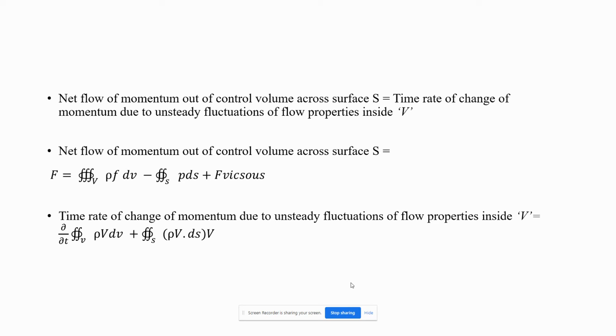Generally, from the momentum equation, what we are trying to say is: net flow of momentum out of the control volume across the surface equals the time rate of change of momentum due to unsteady fluctuations of flow properties inside V. What is the net flow of momentum out of the control volume across the surface?